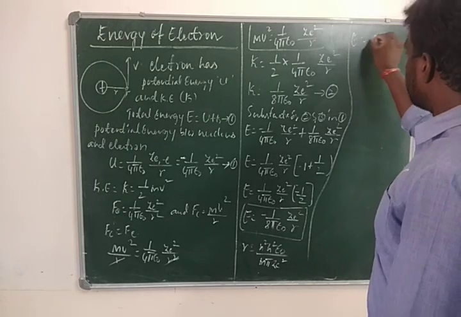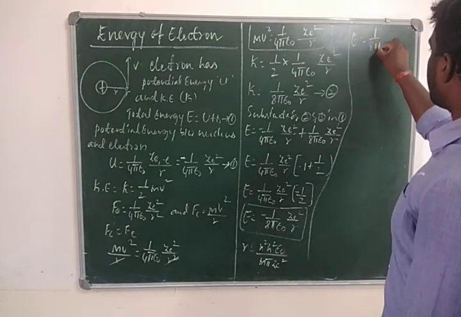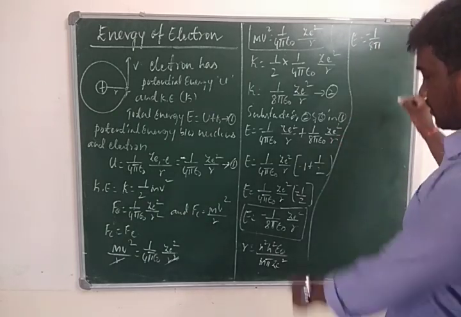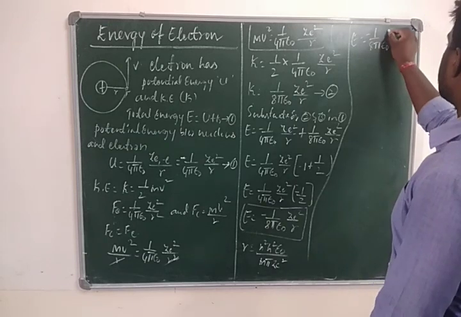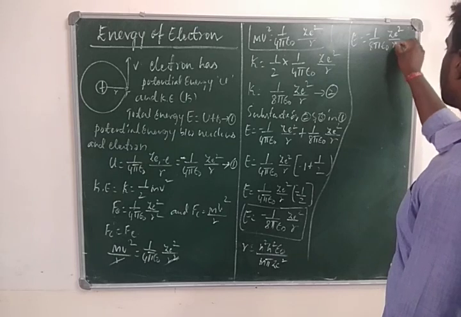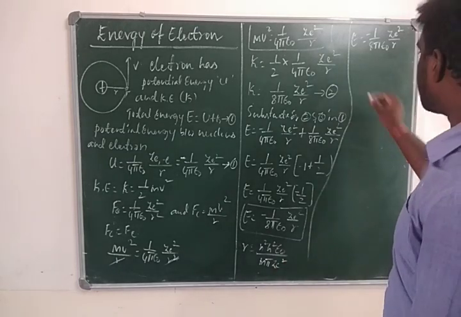E equals minus 1 by 8 pi epsilon naught Ze square divided by R. So we know the R value, substitute that.